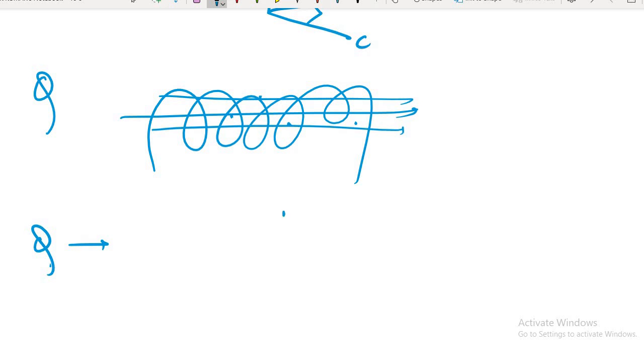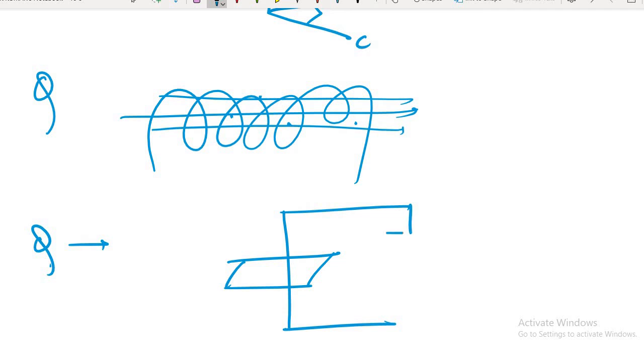See, the concept comes from here. If a current carrying conductor is joined with a cell and a switch, and we pass current through it, this wire will act like a magnet. It will show some magnetic properties, and the magnetic field lines will be circular rings.